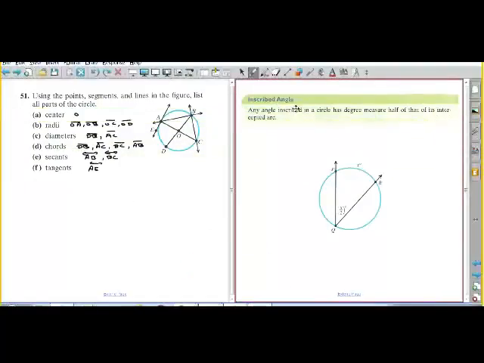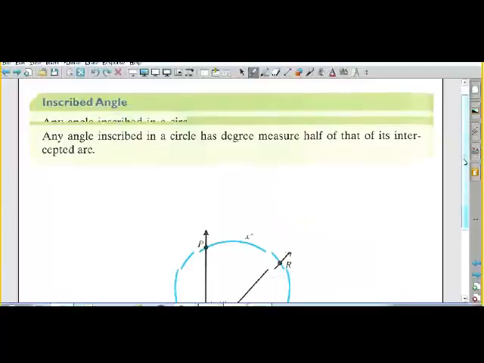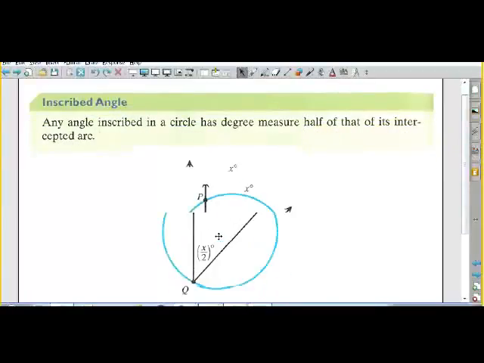Okay, so here's a rule about what are called inscribed angles. Inscribed angles are angles that are created by taking 2 points on a circle, P and R, and then taking a third point, Q, and drawing lines from Q to P and from Q to R. So let me put it on one page so we can see it a little bit better.